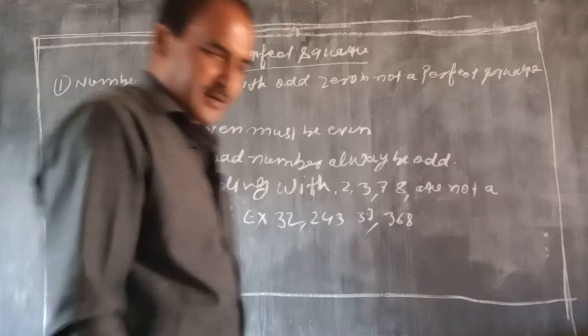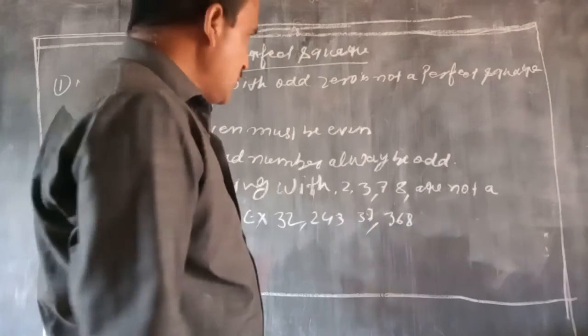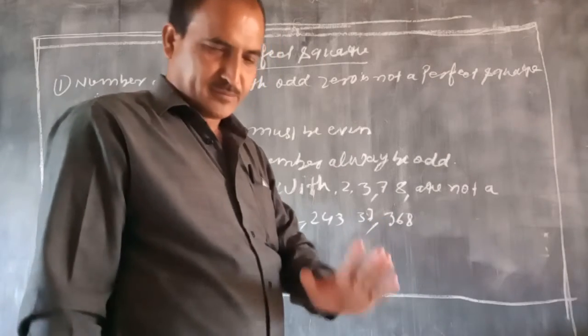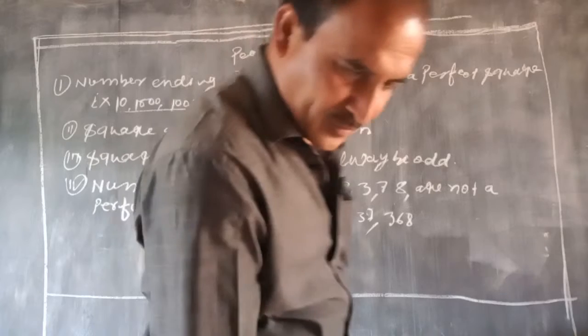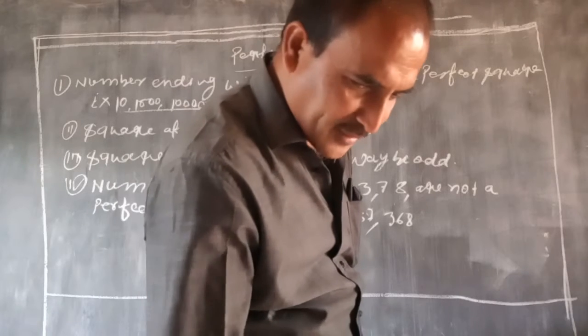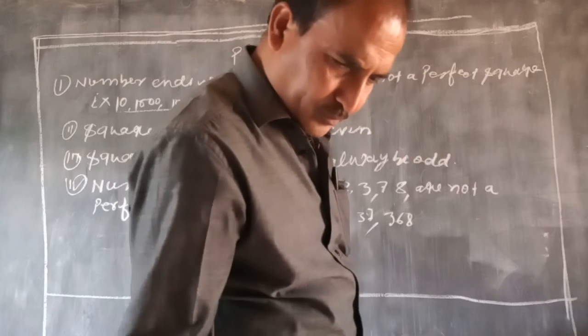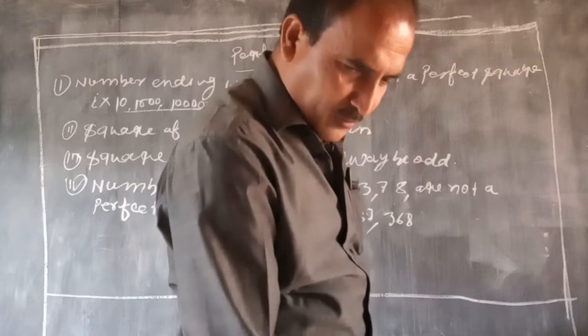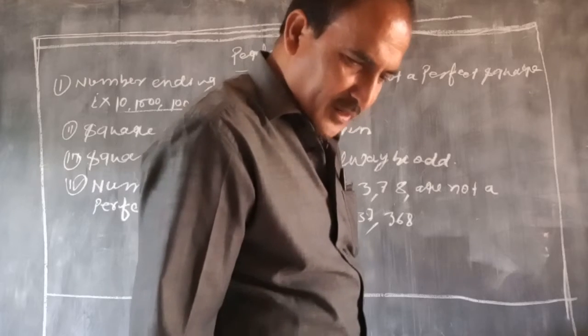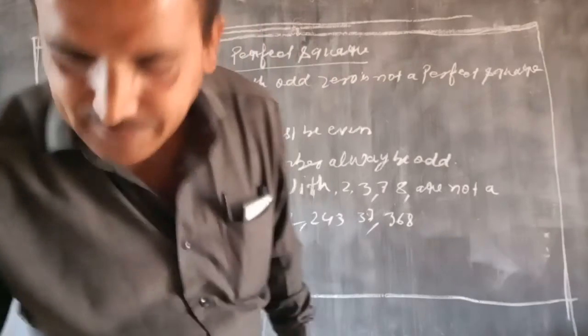Now we are going to see the method of finding squares. Here is a question: which of the following are perfect squares?